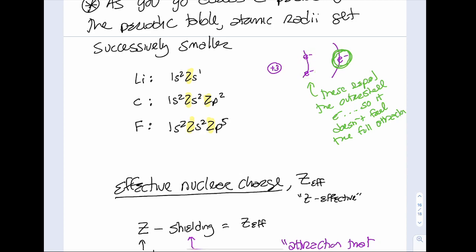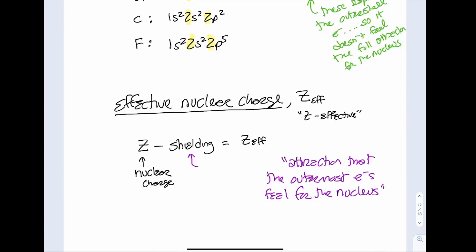They're actually pushing it out a little bit. There's some repulsion there. So these repel the outer shell electrons, so the outer shell electrons don't feel the full attraction for the nucleus. So shielding is that repulsion due to the inner shell electrons.